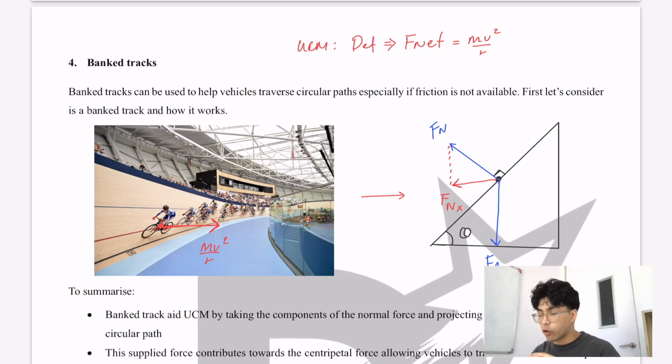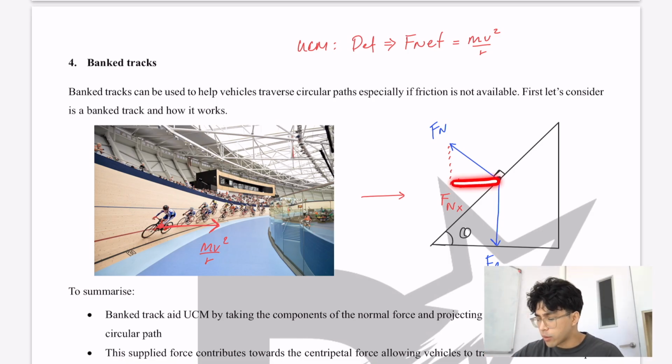The x component of the normal force is always going to be pointing towards the center. That is to say that there's always going to be an additional force helping you push the object towards the center. So the reason why these tracks are banked is because it helps the cyclist provide the centripetal force.